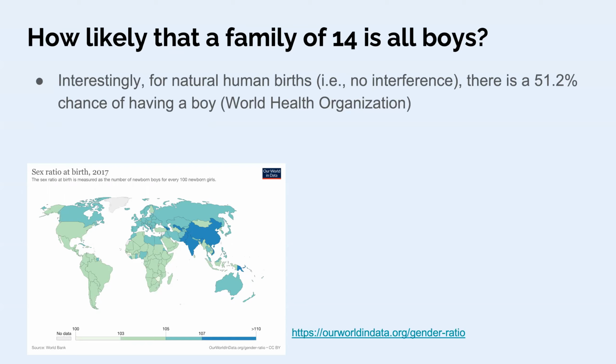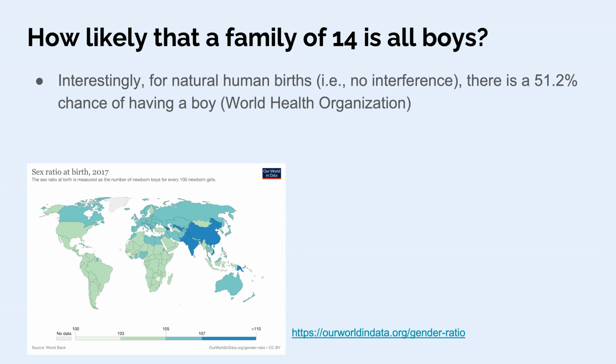And it turns out if you survey humans across the world, basically under natural conditions, if everything else is equal and boys and girls are treated the same in the womb all the way to birth, then there's actually a little bit greater chance that the child's going to come out a boy.